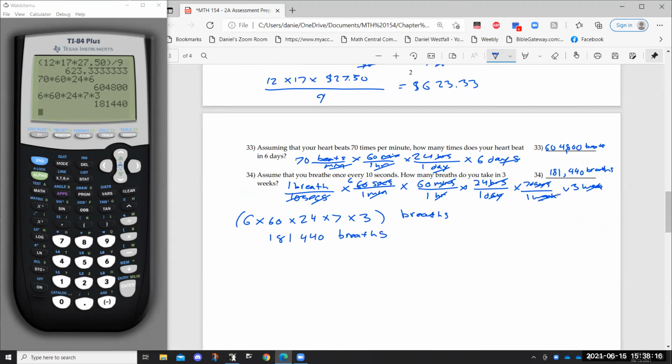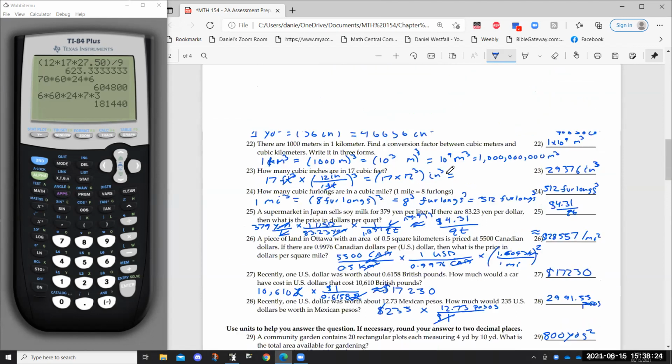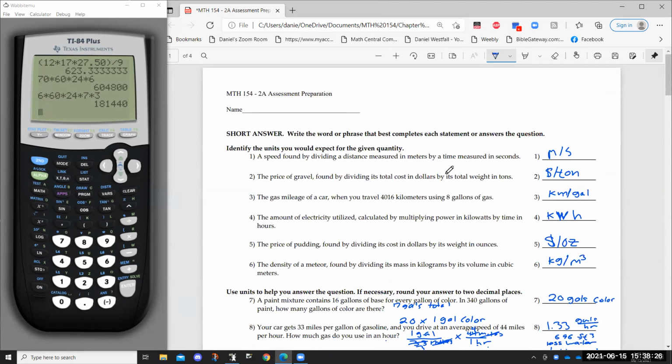Okay, so, all right, that was everything for 2A. Go ahead and practice 2B. For 2B, you're going to need a lot of the conversion charts that are in your textbook, section 2B.